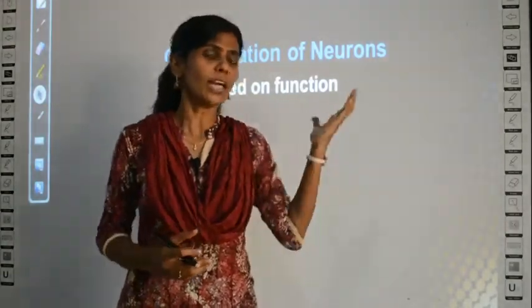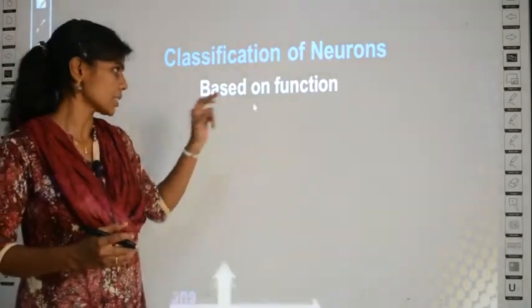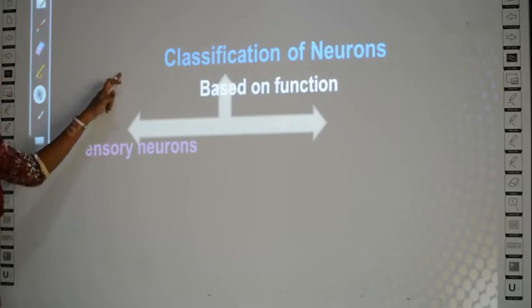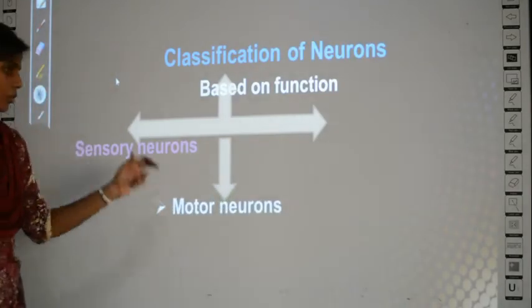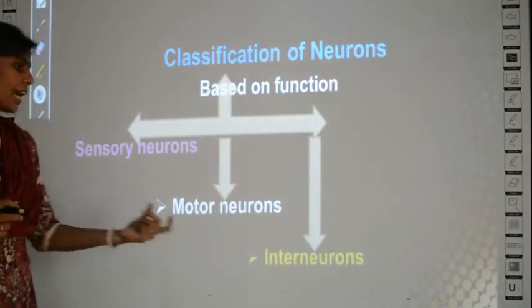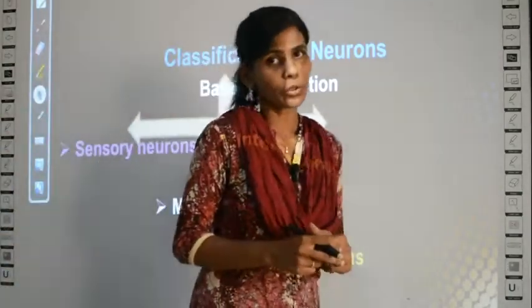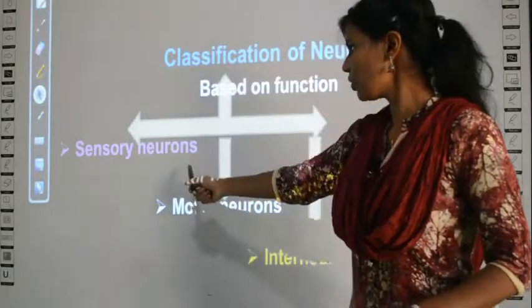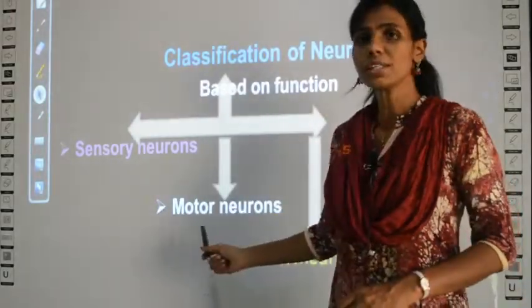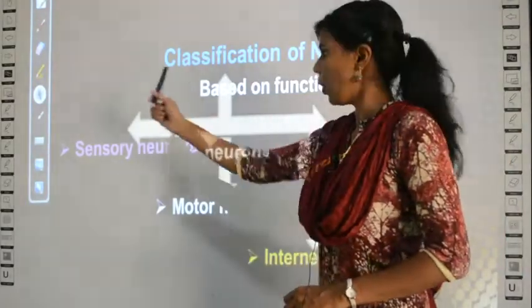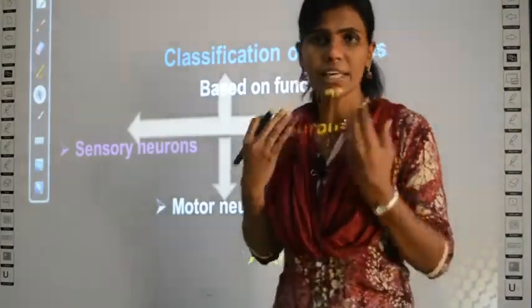So let's see what the three types of neurons are. The three types of neurons include sensory neurons, motor neurons and interneurons. As I told you, all these three will have the same structure.